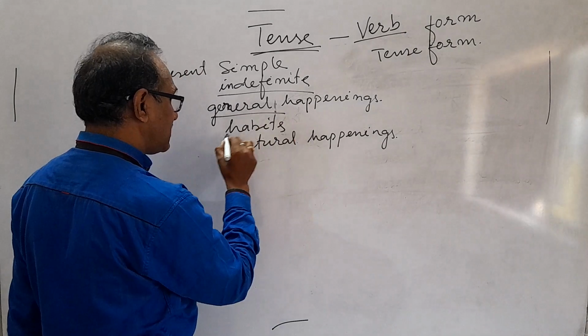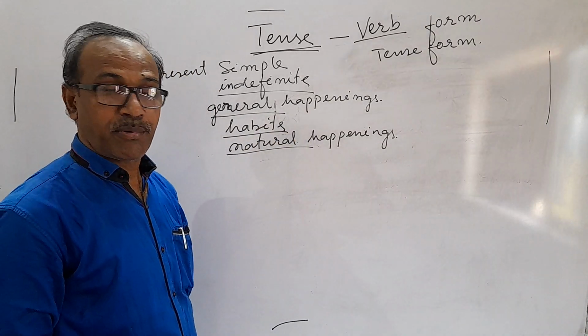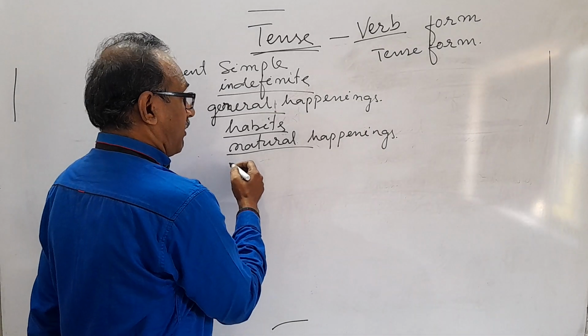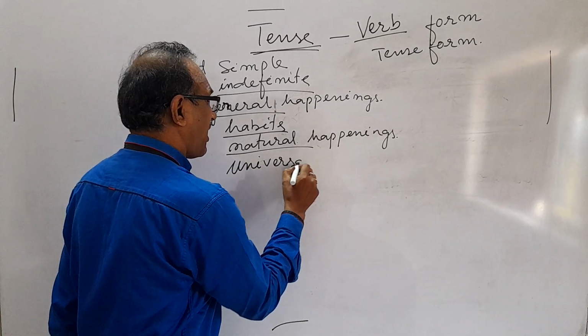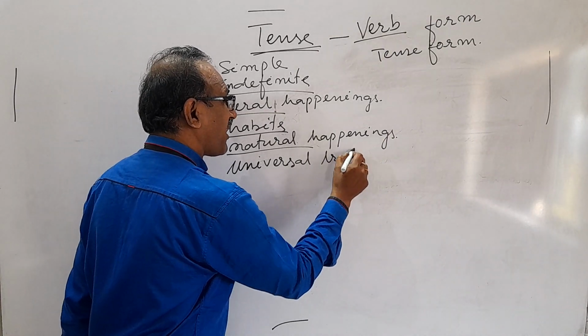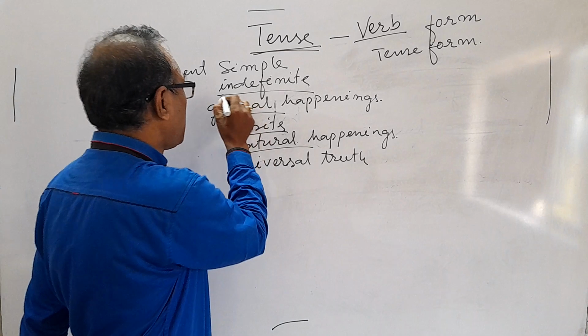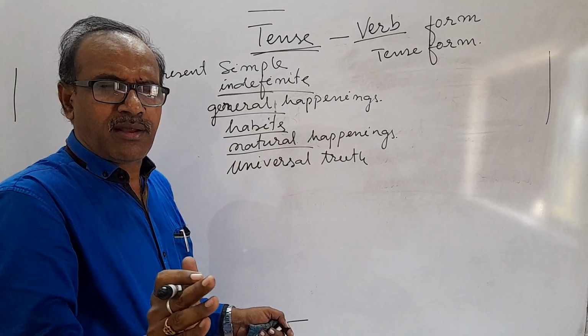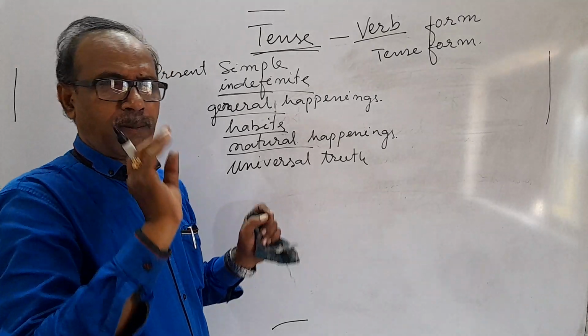Okay, in all these cases we use present simple, and also universal truth that cannot be changed, and that is indefinite. There is no definity, and which is very simple.